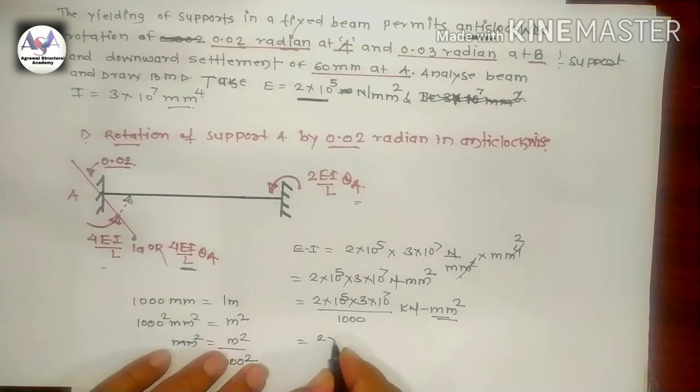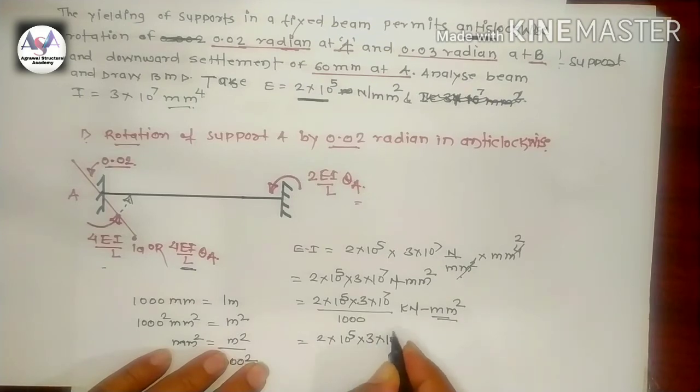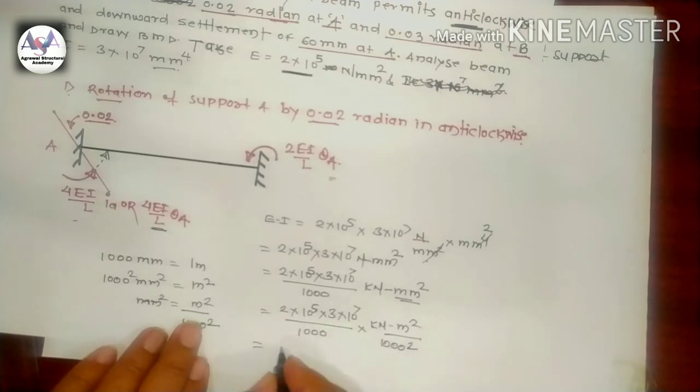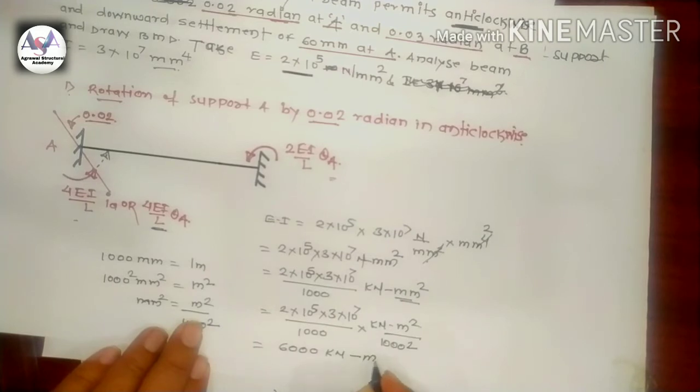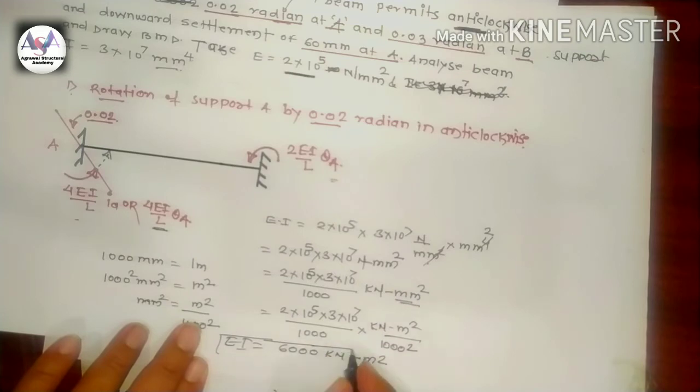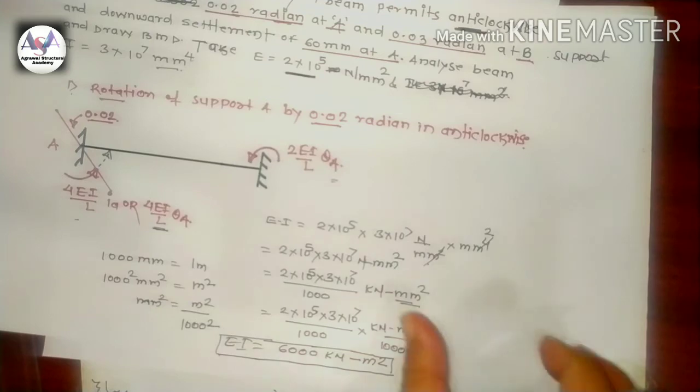Here 2 into 10 raised to power 5 into 3 into 10 raised to power 7 divided by 1000 into kilonewton meter square divided by 1000 square. So this value becomes 6000 kilonewton meter square, E into I.